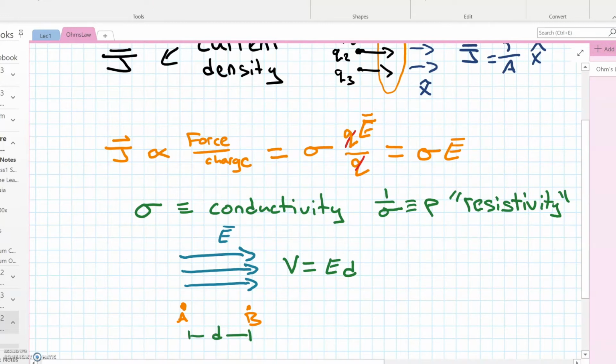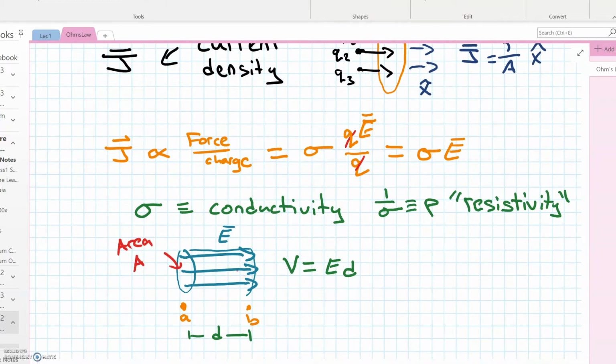So let's rewrite Ohm's law, this highbrow Ohm's law, in a way that talks about this situation here. I probably should have made these lowercase a's and b's, because we're going to use A for area, of course. So I have an area A, and we're forming a tube of length D, and we have some charge density flowing through it now.